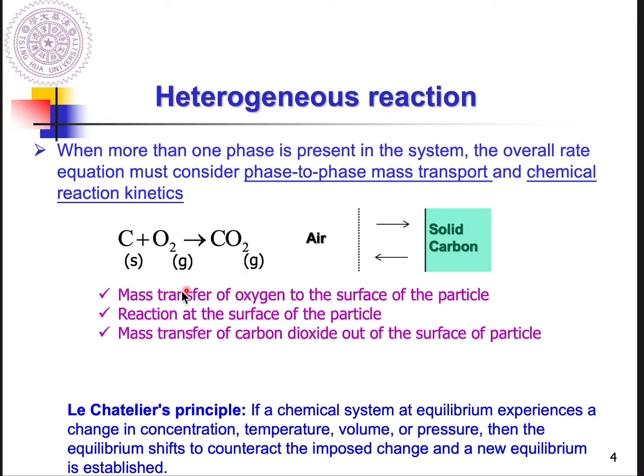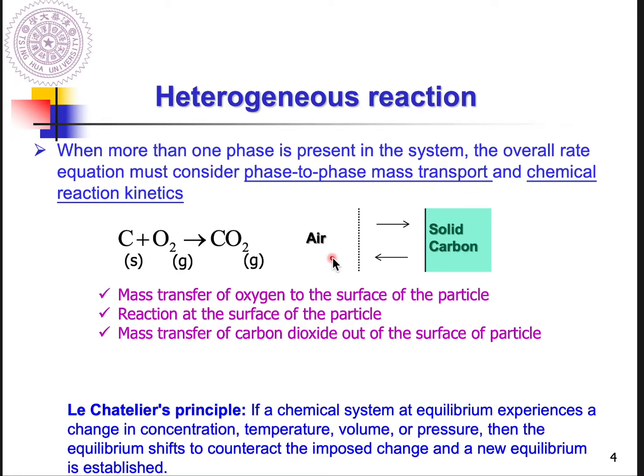Here I'm going to give you an example: solid carbon reacts with oxygen, and then we generate carbon dioxide in the gas phase. So when you try to draw the reaction, we have a solid carbon here, and oxygen is present here.